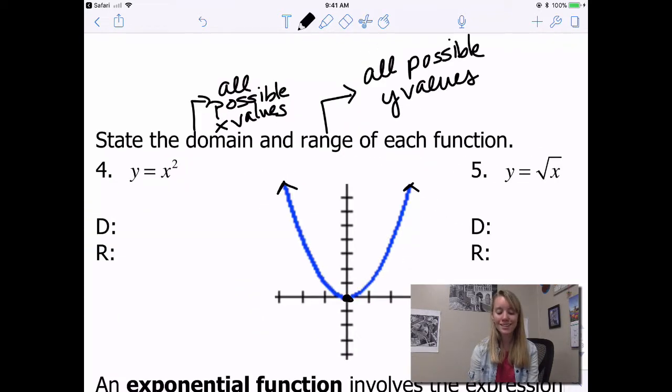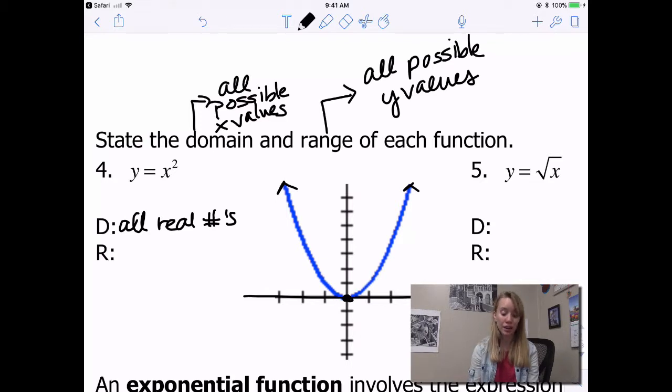So what that really tells us is that every single x value can be a domain value in this function. So I'm going to say that my domain is all real numbers, because every single x value on my graph can be plugged in. It has a y value on our parabola y equals x squared.